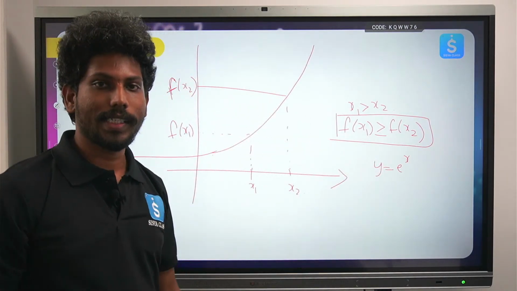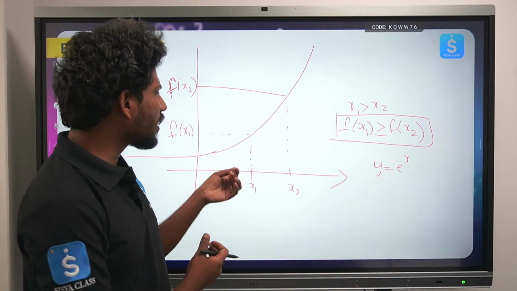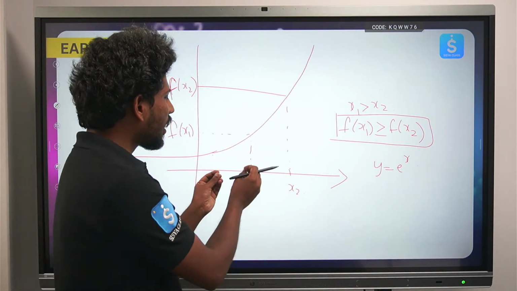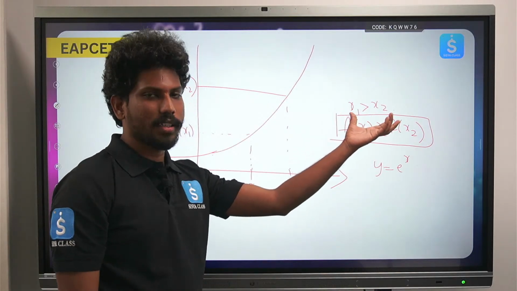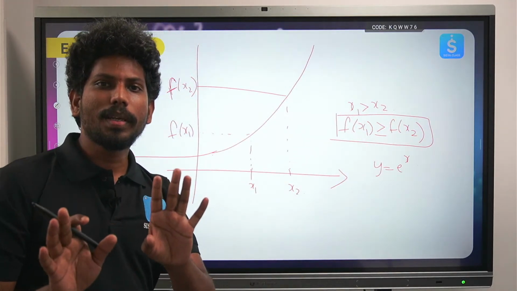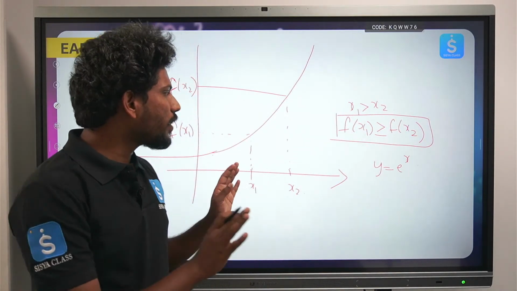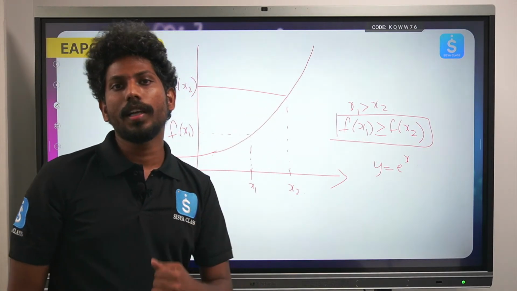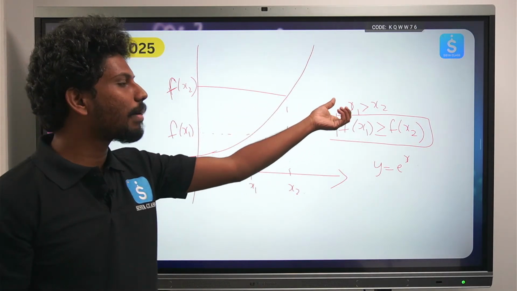Now, how is it related? Like, you know, ఇది సాధారణంగా it becomes a very abstract sense that x1 greater than x2, f of x1 is greater than or equal to f of x2. This becomes very obvious when we have a graph. Okay, మనకి graph available ఉన్నప్పుడు, seeing a graph we can come up with this conclusion.